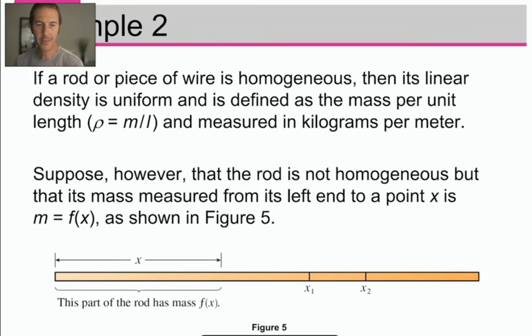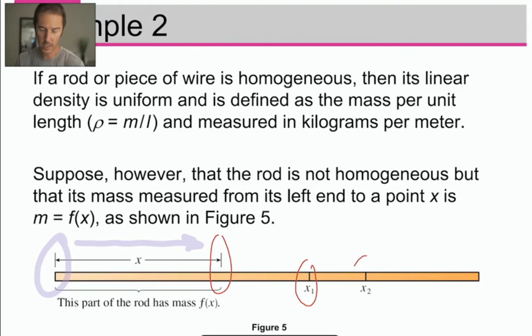Imagine we're going to be cutting off a length of this rod. So we start measuring from the left end, and we're going to cut it off at some point, x. Or in a moment, we'll cut it at x1, or we'll speculate, what if we had cut it at x2? What if we had cut it at both of these points and just were looking at this segment? Okay, so that's sort of what's happening here.